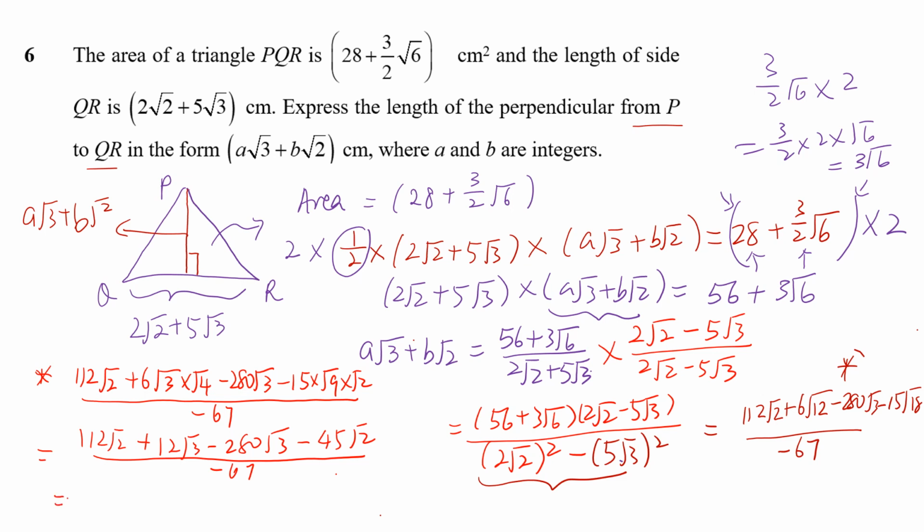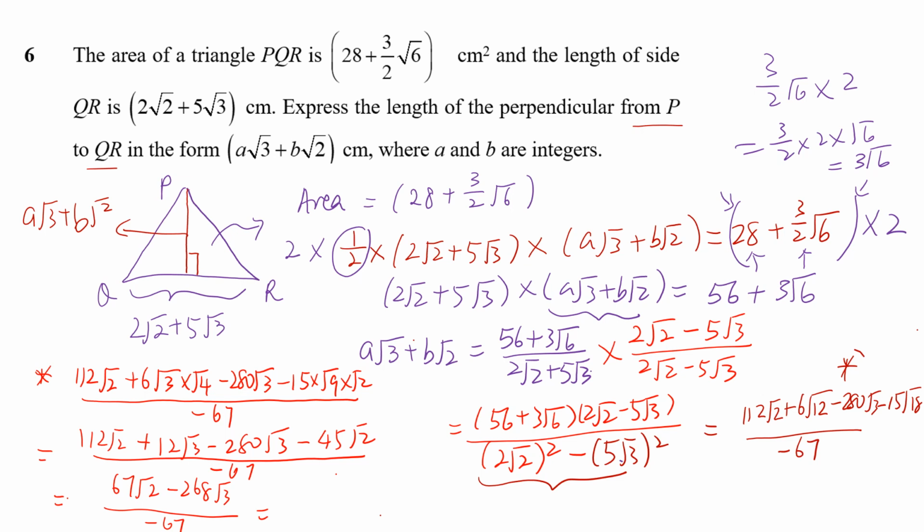12 minus 45. 112 minus 45, that is 67. That will give you 67 square root 2. And then 12 minus 280 is negative 268 square root 3 divided by negative 67.